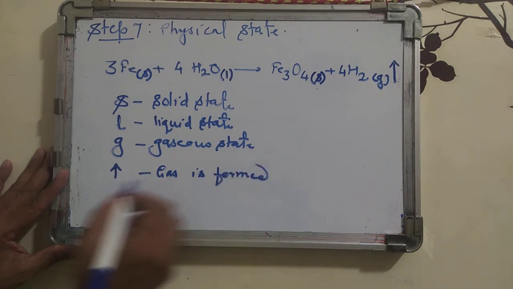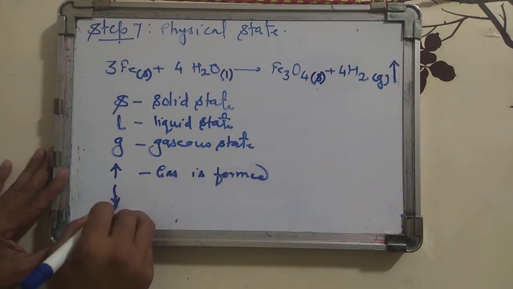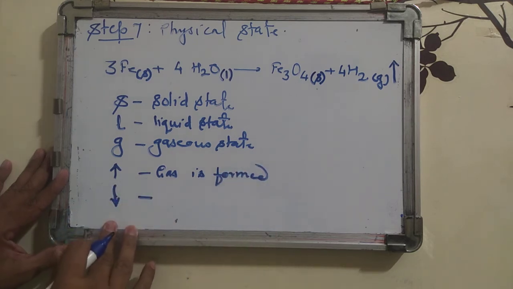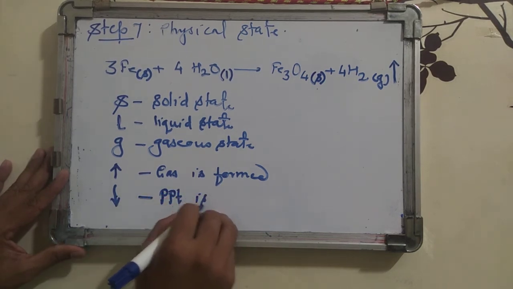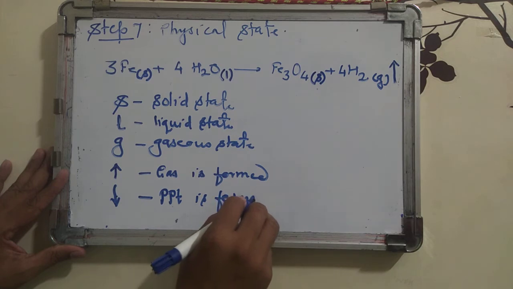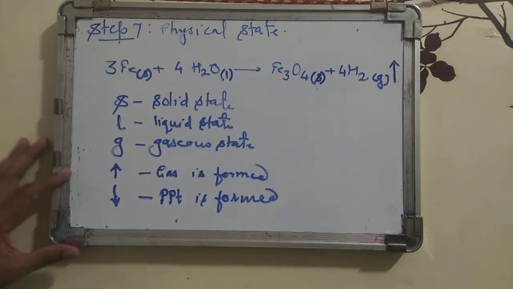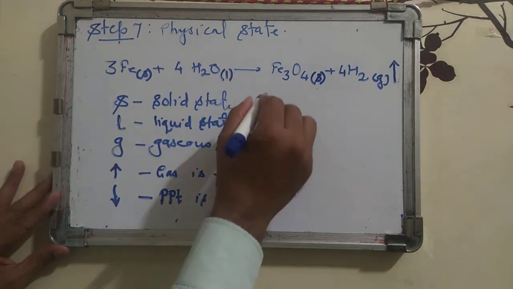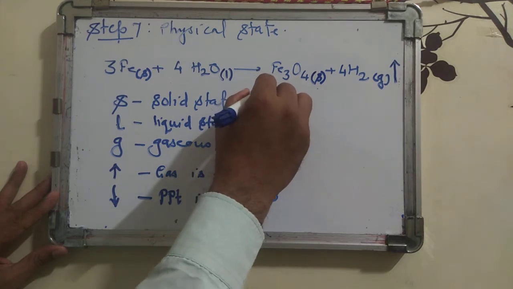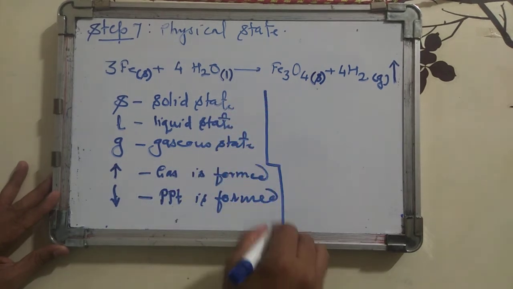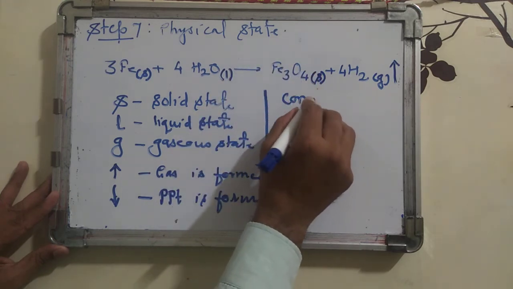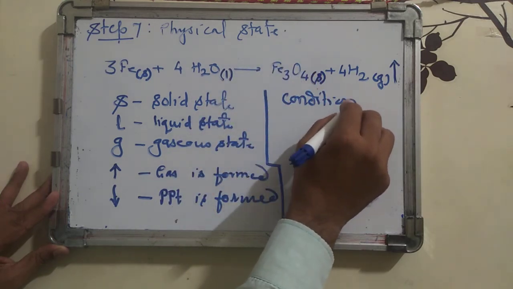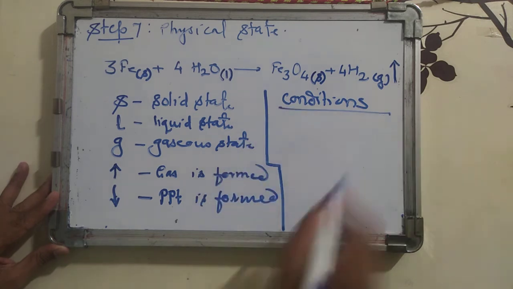And in some cases downward arrows are shown. This indicates that a precipitate (ppt) is formed. So in this way, there are different indications. On the arrow, we may write some conditions, because reactions generally take place in the presence of certain conditions.